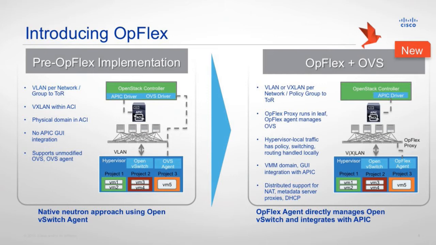We don't learn those automatically. I'll show you in the demo how that works, where we can learn IP addresses and MAC addresses and get more of that visibility into the virtual realm. With OpFlex now, of course, we can do that. So we can do that VMM domain integration, which is what we call it, much like we would with VMware or Microsoft.